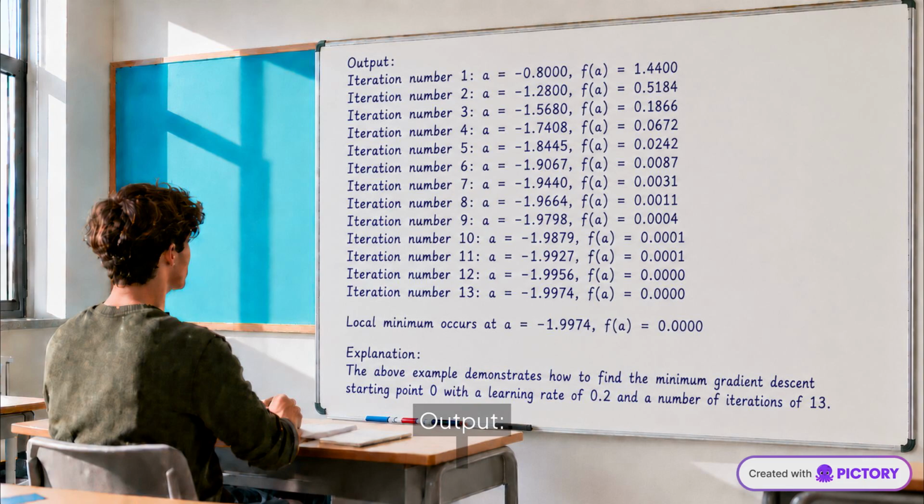Iteration number 12. a equals 1.9956. f(a) equals 0.0000. Iteration number 13. a equals 1.9974. f(a) equals 0.0000. Local minimum occurs at a equals 1.9974. f(a) equals 0.0000.